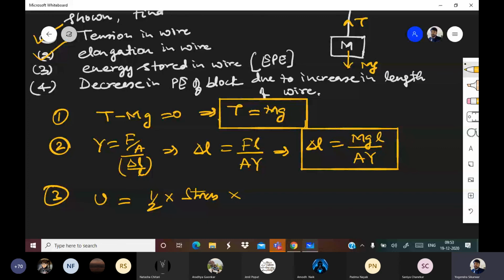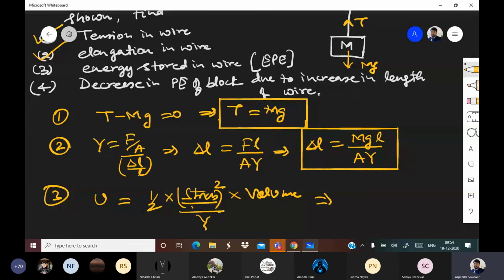Rather than using strain, because we have already calculated stress, I am using half into stress square upon Y into volume. We can use strain also, we can use stress also, it is all fine. So U is equal to half into stress square upon Y, into volume.